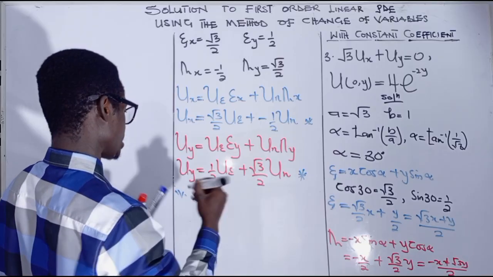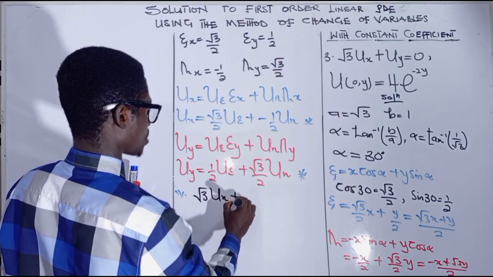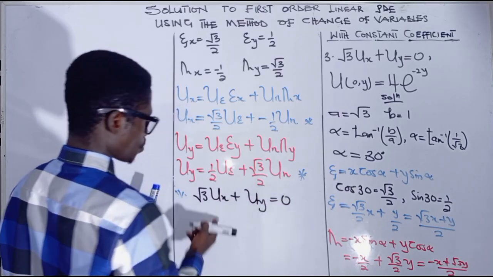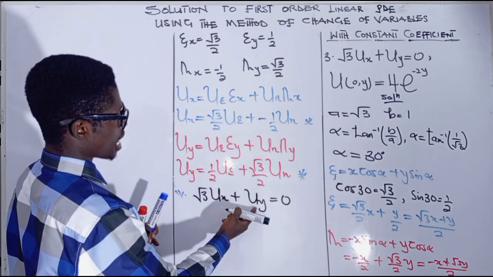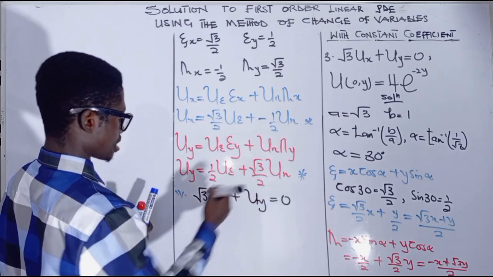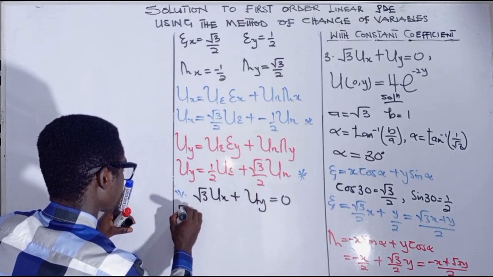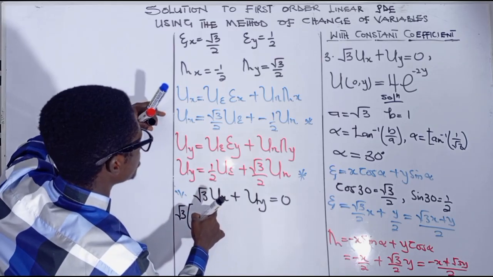Root 3 ux plus what? Uy is equal to 0. So wherever we see ux, we plug in this, and then wherever we see uy, we plug in what? This. So we have root 3 multiplying ux. So this is ux.